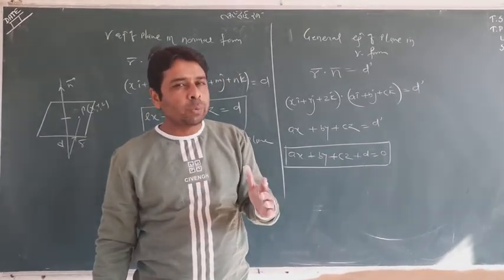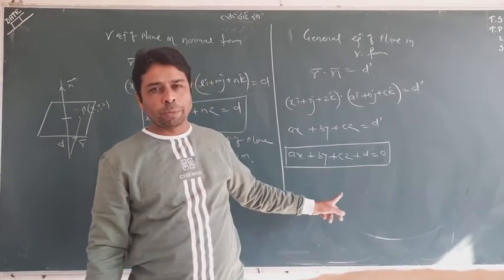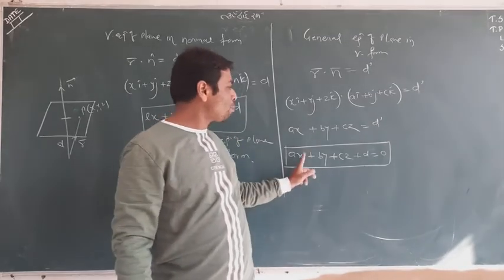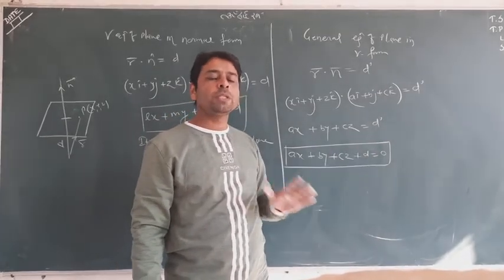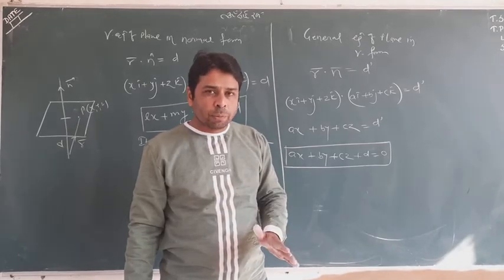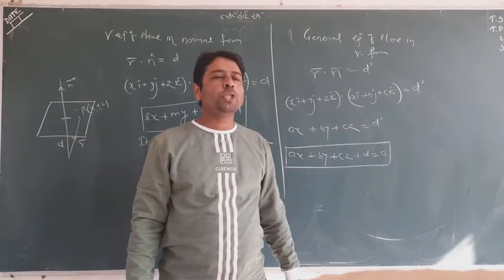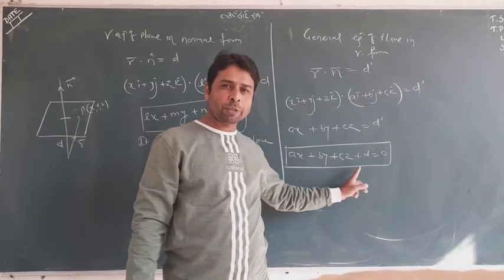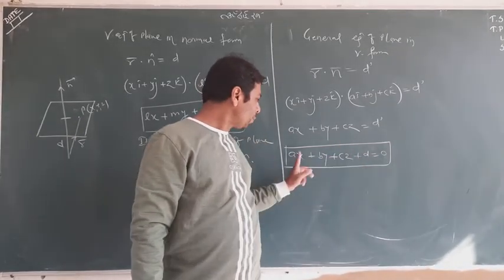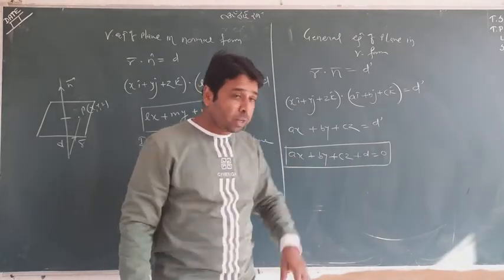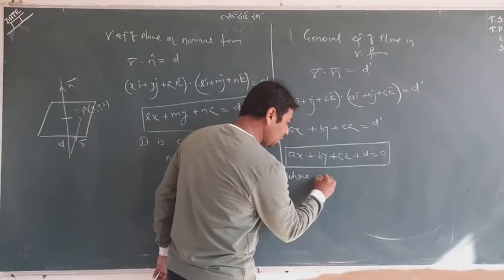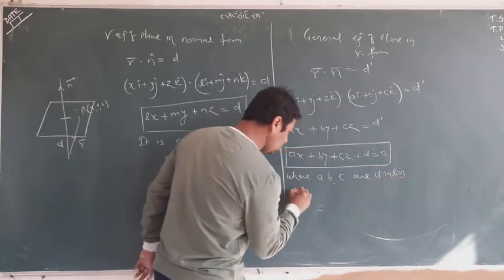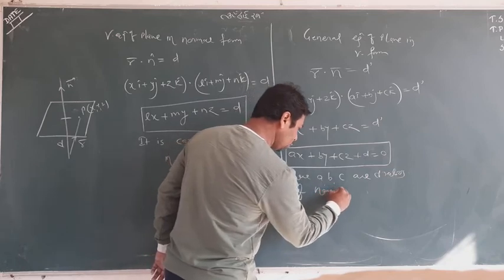So whatever answer you get, this will be the general form. This is one of the very important and vital formulas: ax + by + cz + d. This is the general form in Cartesian form of the plane. Whatever procedure you use for finding the equation of a plane in Cartesian form, you will get the same answer, ax + by + cz = d, where a, b, c are direction ratios of the normal of the plane.